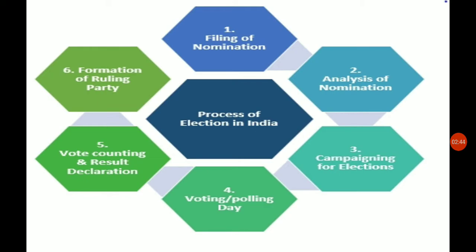And the second step, the Election Commission will analyze the person, whether whatever he has written is true or not. It will check whether the evidence he has given shows he is capable of being elected as an MP or a minister, and whether he has no criminal background.